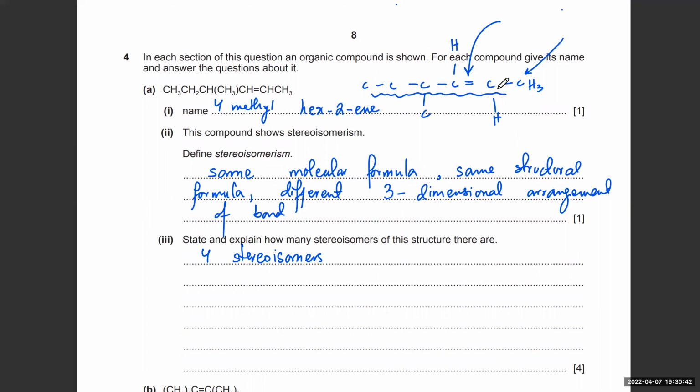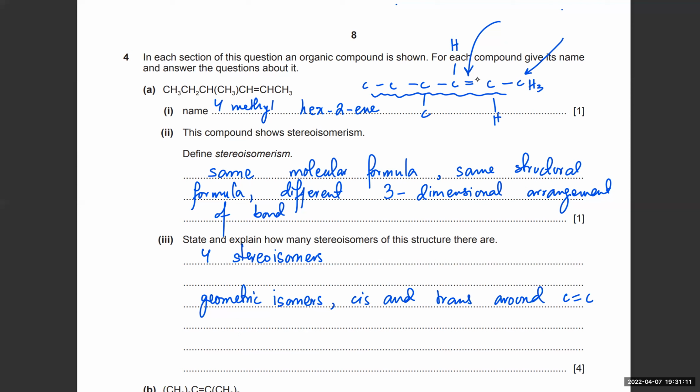They might ask you for the 3-dimensional representation, but this is not one. So number 1, you've got geometric isomers, cis and trans, around the double bond.